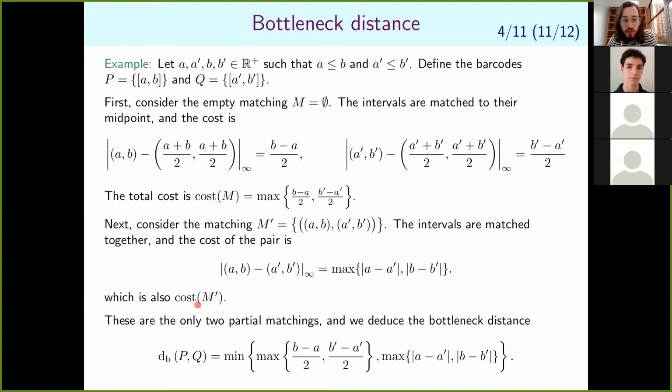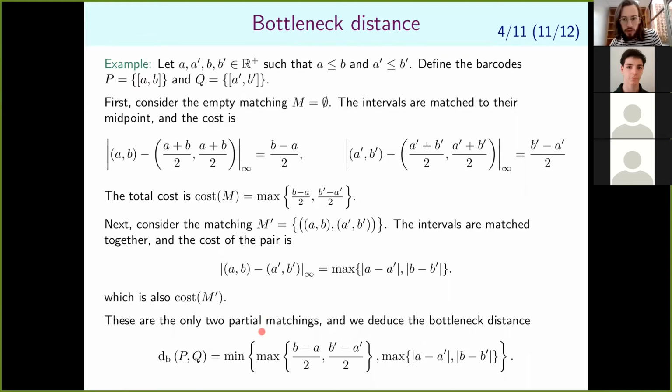So this is the cost of M'. And I can say that the bottleneck distance between P and Q is the minimum between this maximum half length of the bars, and this one, the difference between their endpoints.